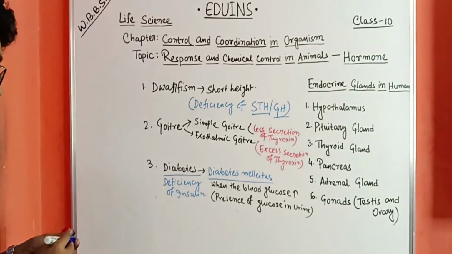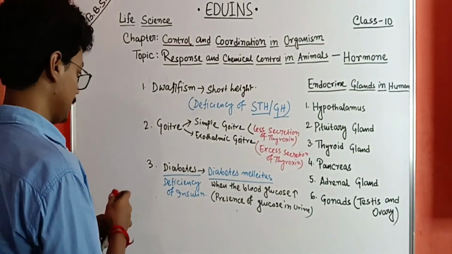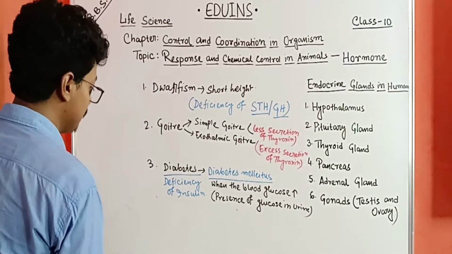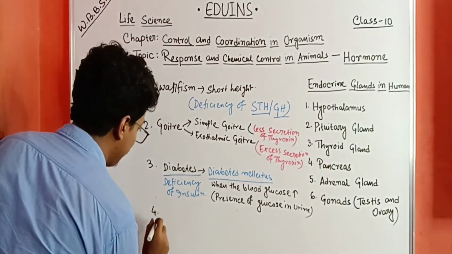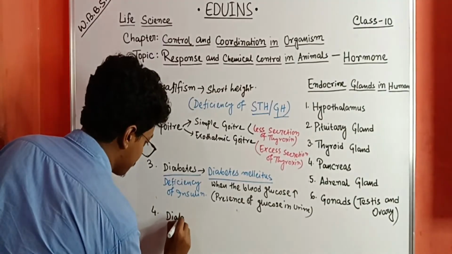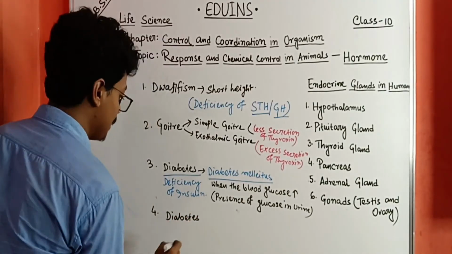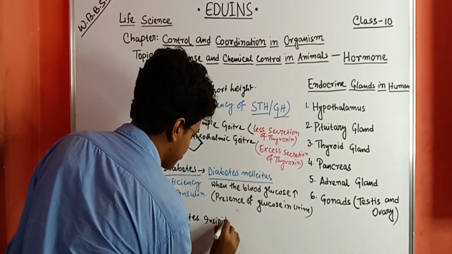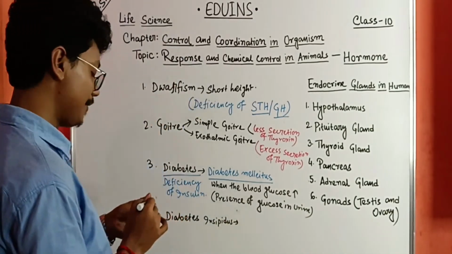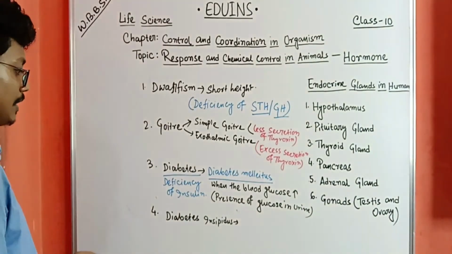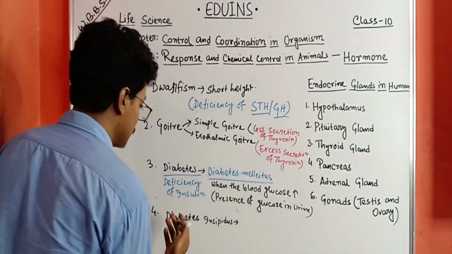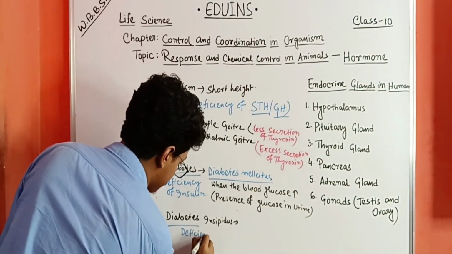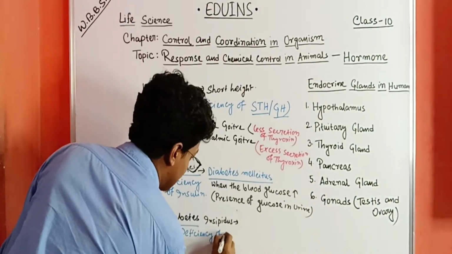Okay. Number four is diabetes insipidus. What is diabetes insipidus? What is the reason? The reason is the deficiency of ADH.